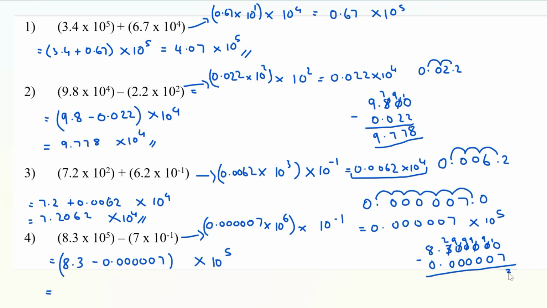And minus 7, 3, 9, 9, 9, 9, 8. So quite a long-winded process, but the procedure is still the same with all of these. So that gives us a final answer of 8.29993 multiplied by 10 to the power of 5.